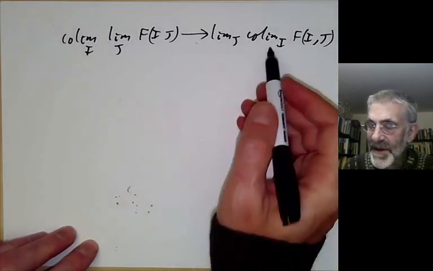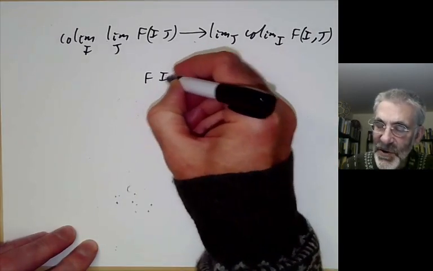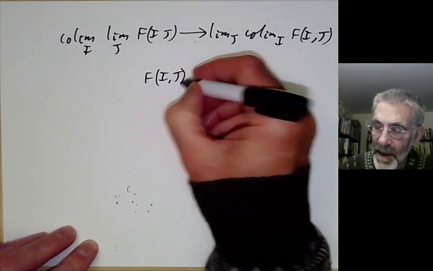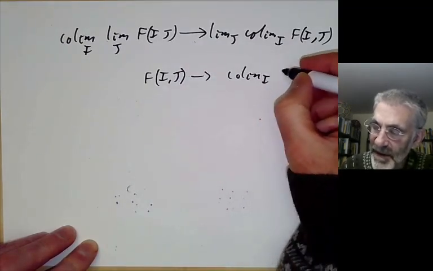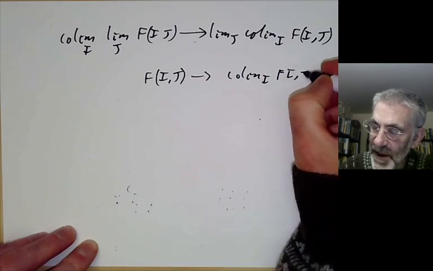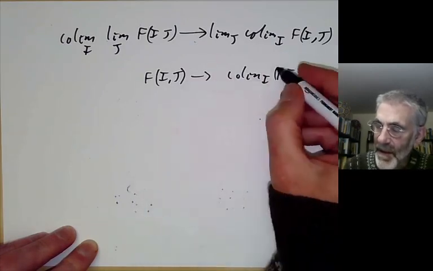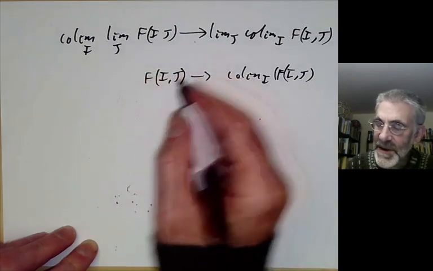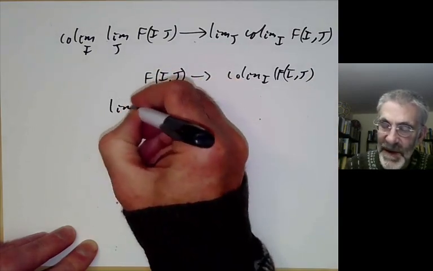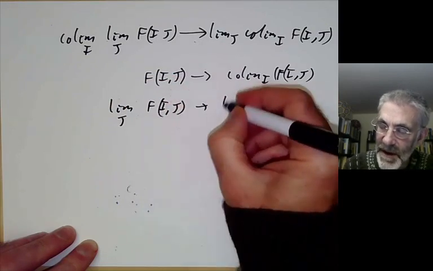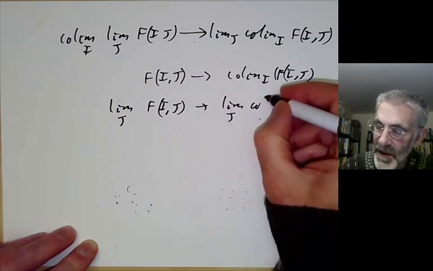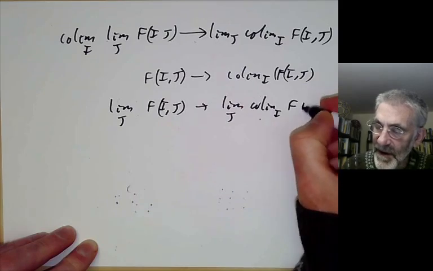And you can see this in several steps. First of all, there's a natural map from each Fij to the colimit over I of Fij, because there's always a map from objects to their colimit. Then you can take the limit of both sides of this, so you get a map from the limit over j of Fij to the limit over j of the colimit over I of Fij.